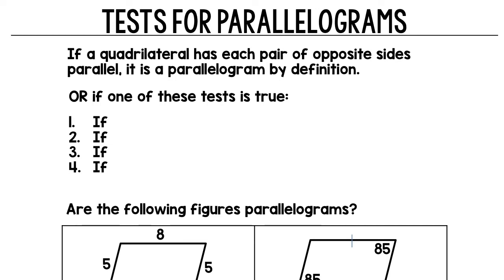If we don't know for certain, if we're not told in a problem that that is true, we can use one of the following four tests. If both pairs of opposite sides are congruent, it's a parallelogram.